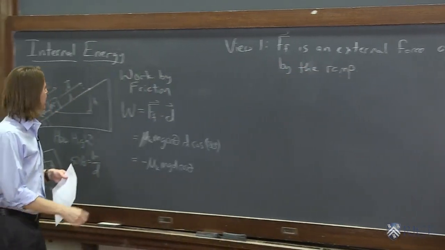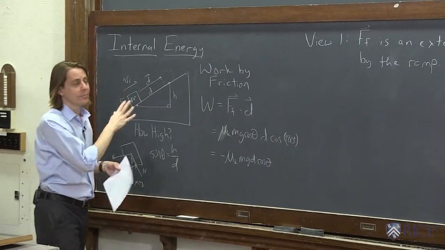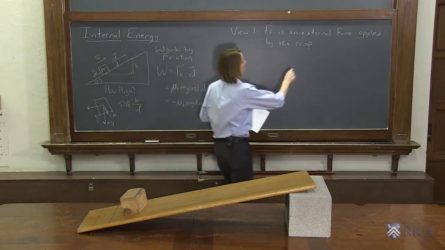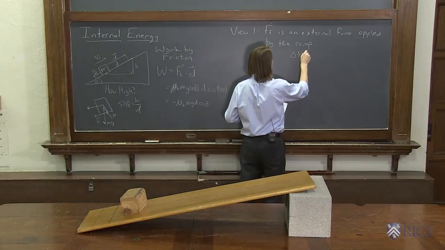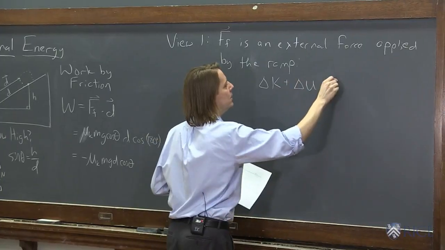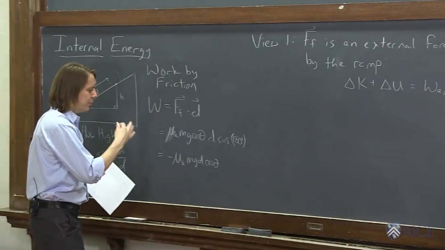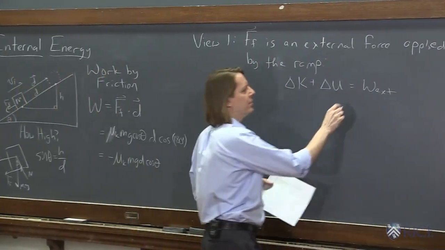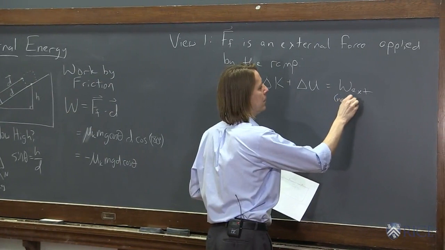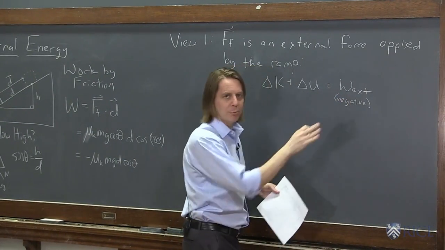So in this view, the system is just the block. You would just apply this idea, delta K plus delta U equals the external work. And we know in our particular problem, this is going to be negative. We just calculated it. In our particular problem, not in general.